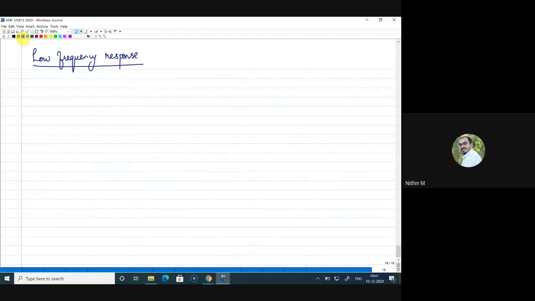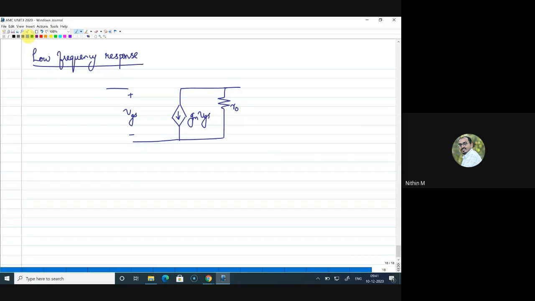So let me draw the low frequency response. First I have to draw the equivalent circuit of MOSFET, which is GM into VGS when there is a VGS voltage applied here. Now R0 is there, so I have to add R0. Right, this is the equivalent circuit of MOSFET.